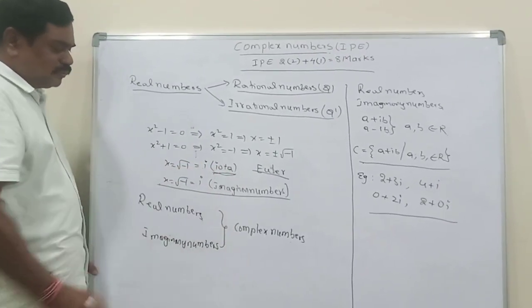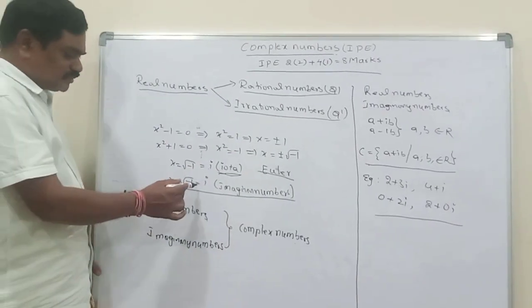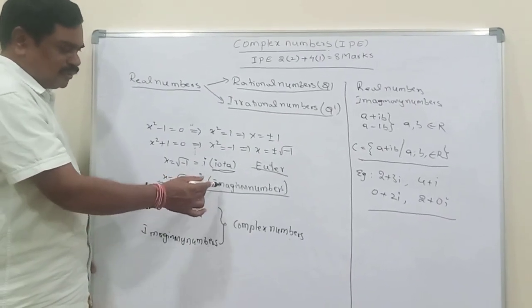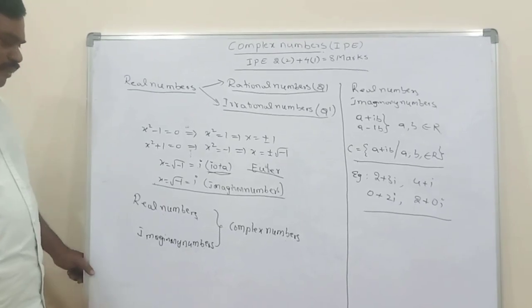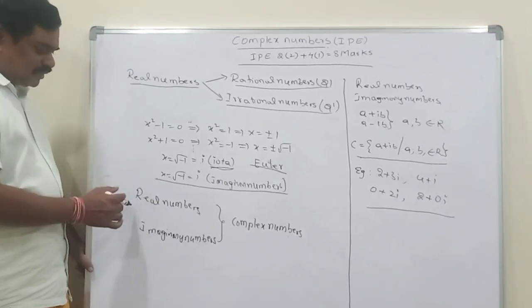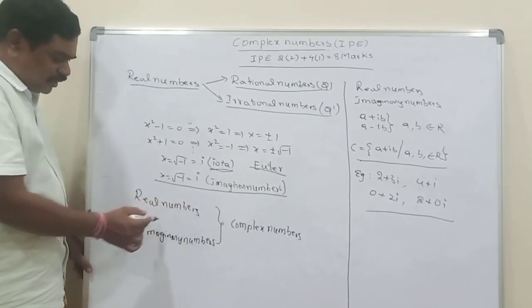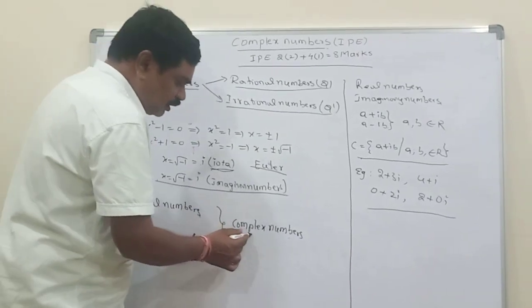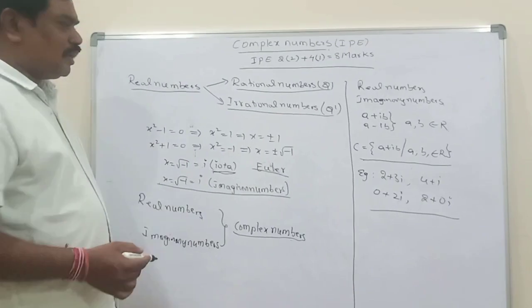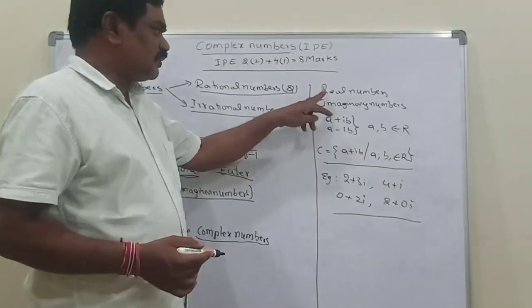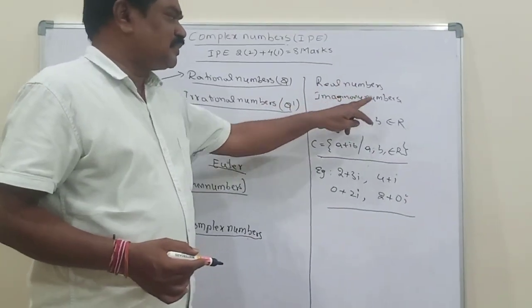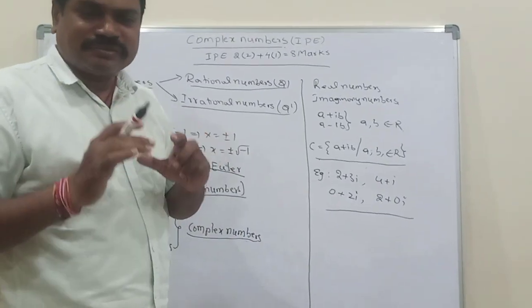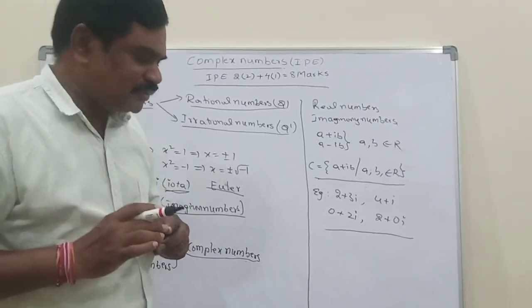Root minus 1 is equal to iota. This is the imaginary number. So real numbers and imaginary numbers, these two are called complex numbers. Complex numbers are real numbers and imaginary numbers connected with some mathematical operation.